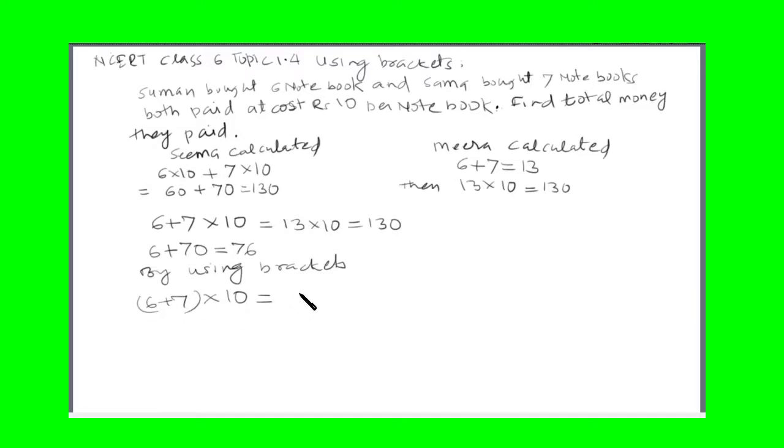So this becomes 13 on solving the bracket, 6 plus 7 is 13, and then multiply by 10. This gives us 130. So there is no confusion if we use the brackets.